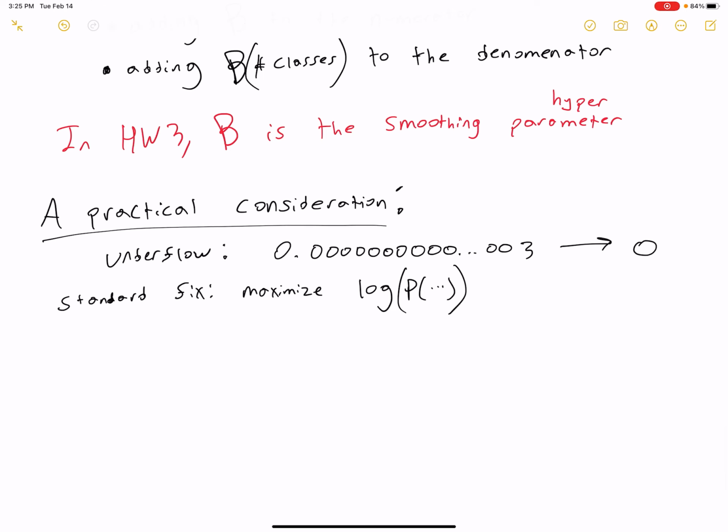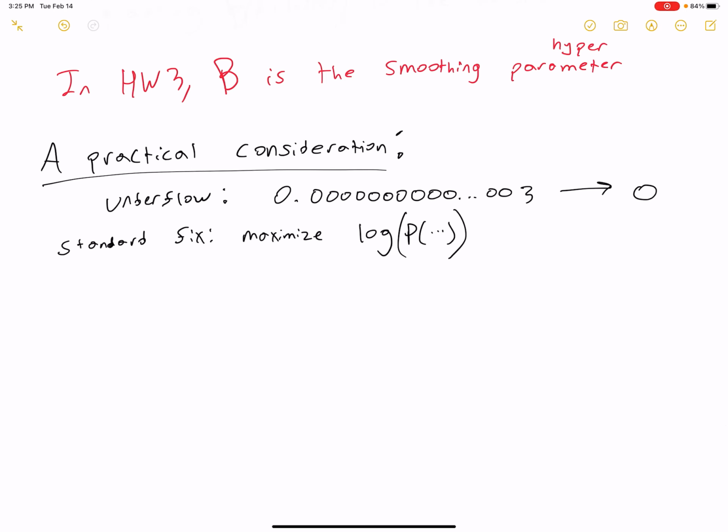So for example, recall that log of AB equals log of A plus log of B, and this is definitely review.